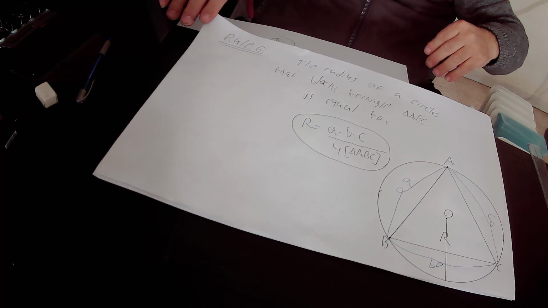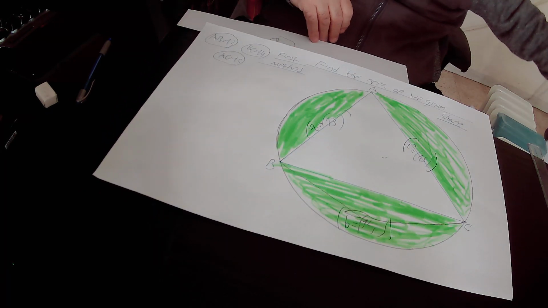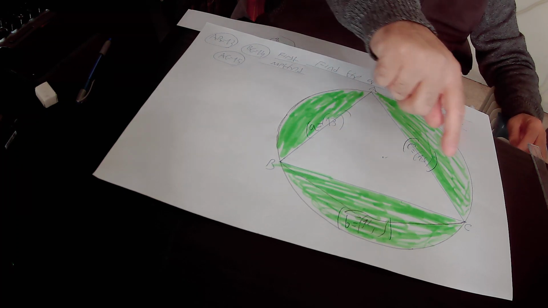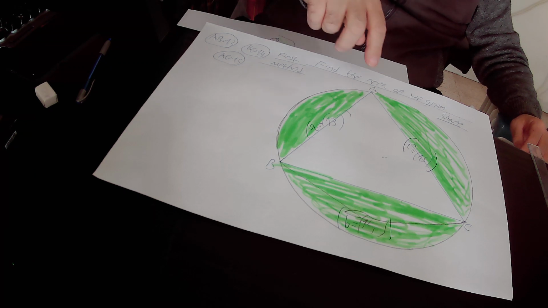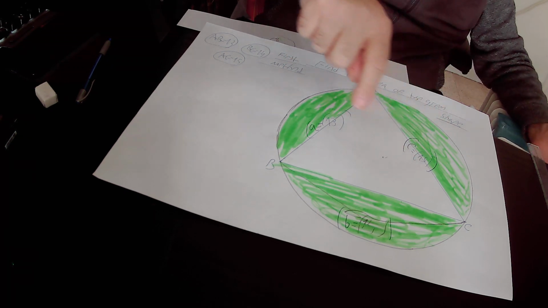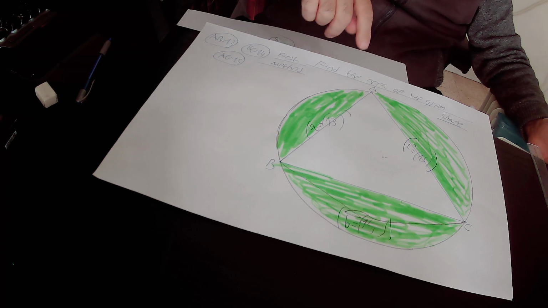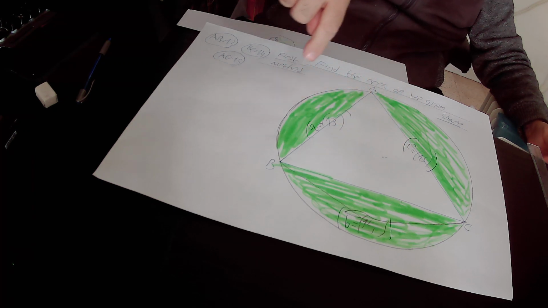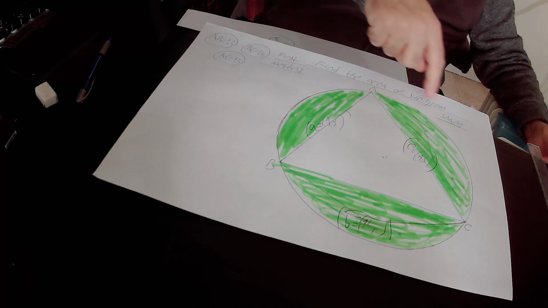Why? Because in our drawing we have this circle that blocks this triangle ABC. So if we define the radius of this circle as capital R, then capital R according to rule number 6 must be equal to A times B times C over 4 times the area of this triangle ABC that is blocked by this circle.